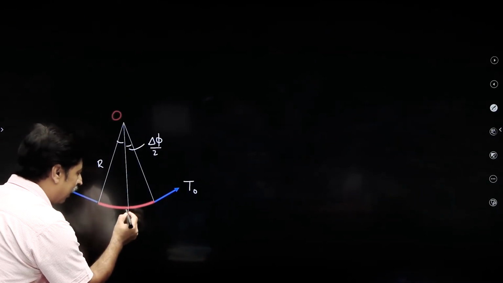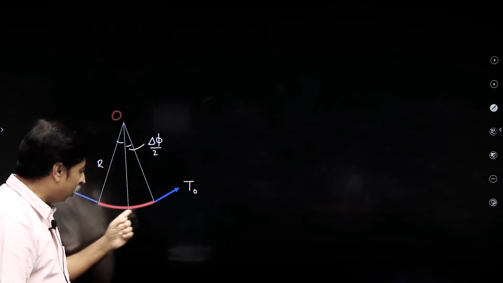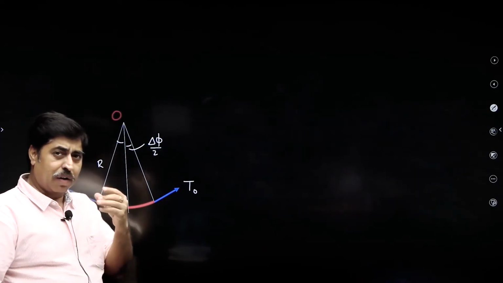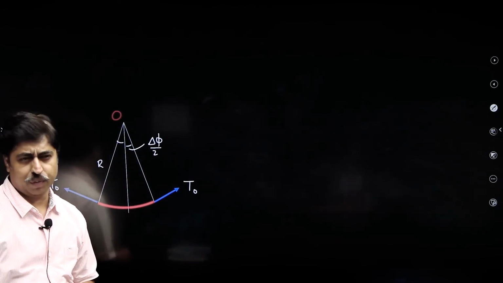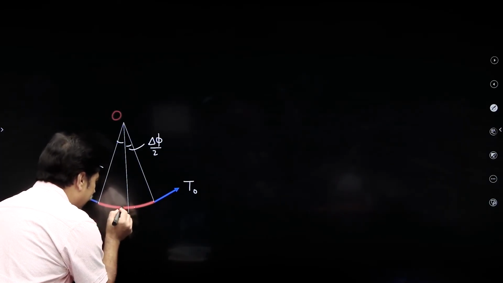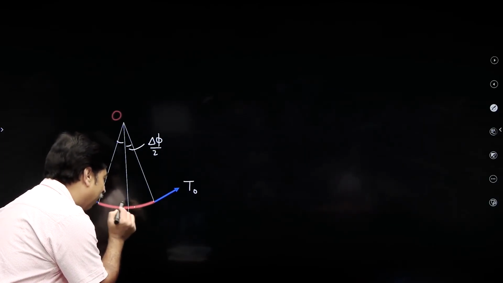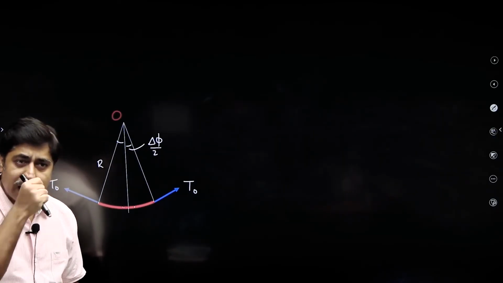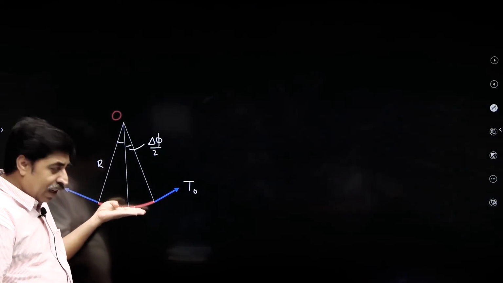But we are imagining a very small segment. That's why I have drawn it a bit bigger, but it is actually a very small segment of the rope. So this point is actually very close to this point. The tension here and here is slightly different from the tension at the lowest point, but only slightly, and the tension at this particular point is not exactly horizontal in our diagram.